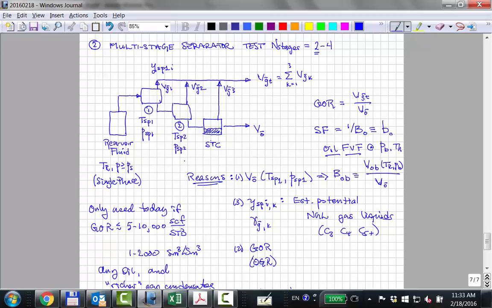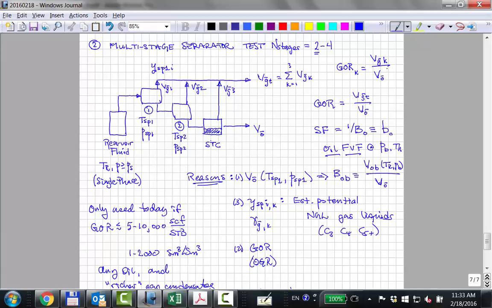The report for every stage of separation? Right, because what they'll report is this total, but they'll also report the GOR for each stage, which would just be that gas at each stage over the final oil.